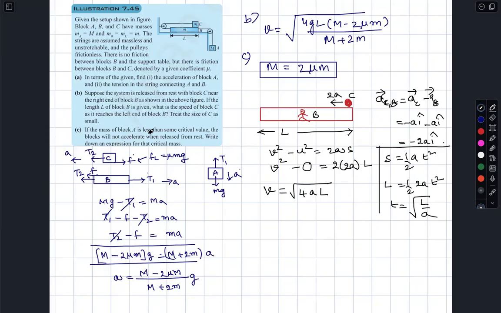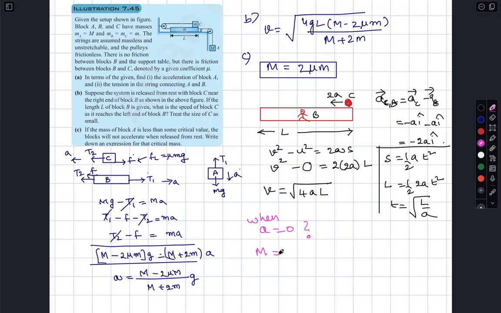The mass of the block A is less than some critical value, the blocks will not accelerate when released from rest. Stupid question, according to me. You want the condition when acceleration is 0. When will A be equal to 0? Denominator has no effect.